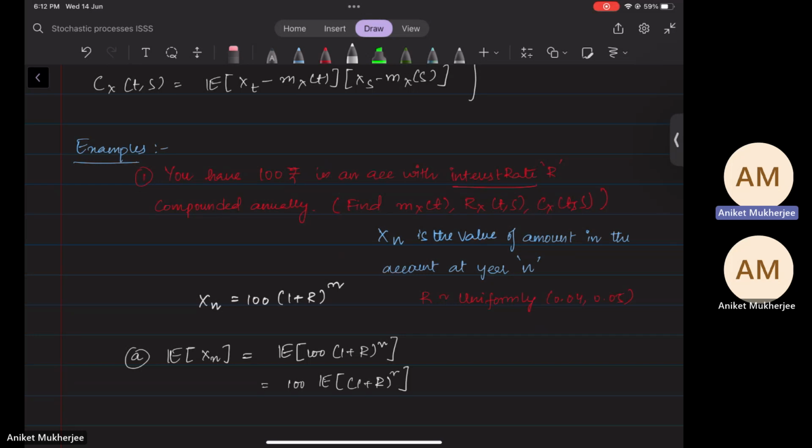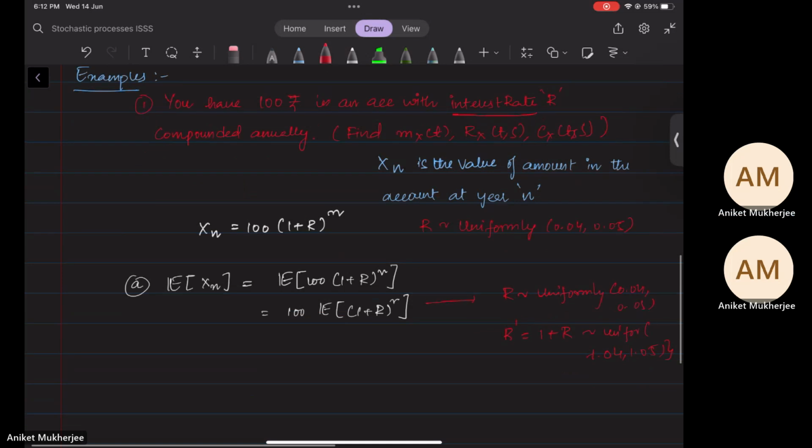Now, since r is distributed uniformly over 0.04 and 0.05, we are again creating a new random variable, r prime, which is 1 plus r. This is distributed uniformly in 1.04 and 1.05. So I can replace it here with 100 into the expectation of r prime whole power n.